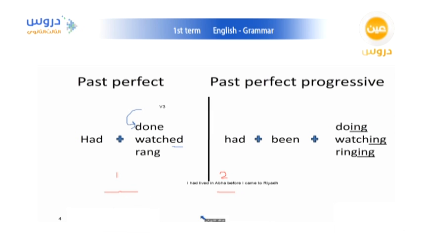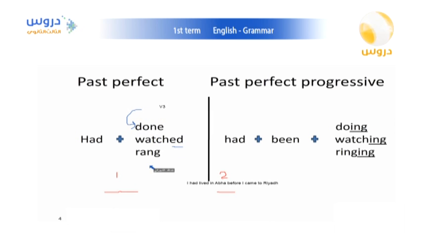So two actions happen in the past, but one event happens before. So had lived in Abha happens in the super past, before I came to Riyadh. This is the form of past perfect: had plus verb 3. So to make a past perfect, you always need had plus the verb 3.